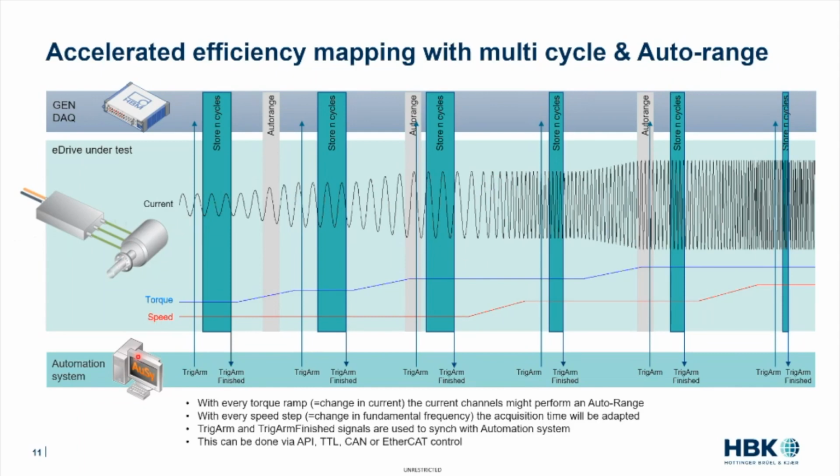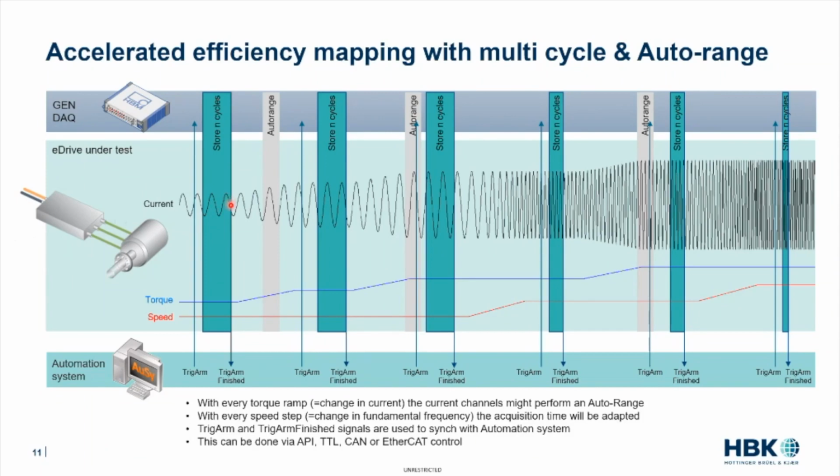Then your automation system drives to the first set point, and then it sends a signal to the power analyzer, which we call trigger arm. Then the power analyzer will wait for the next defined number of cycles, in this case 1.5 cycles, and measure.